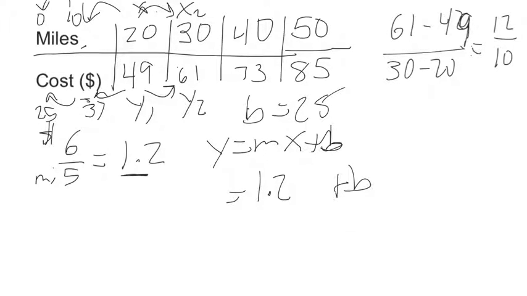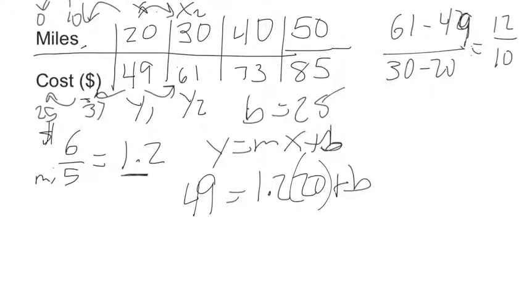You're going to replace the x and y values with one of the values from up here. I'm going to work with the smallest numbers, the 20 and the 49. So my 49 for the y and the 20 for the x. Notice how I put in parentheses there because we are multiplying by that 1.2.